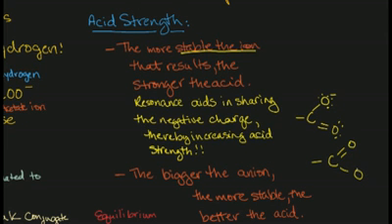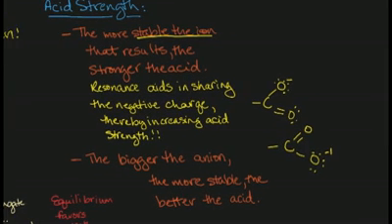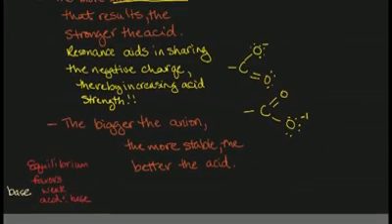Now this one has the -1 charge. And what happens is you get a resonance hybrid, which basically has a -1/2 charge on both of those, thereby increasing stability and making it a better acid. Size also matters in this case, so the bigger the anion, the more stable, therefore the better acid. Okay?